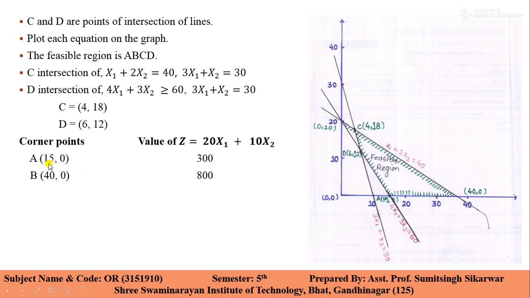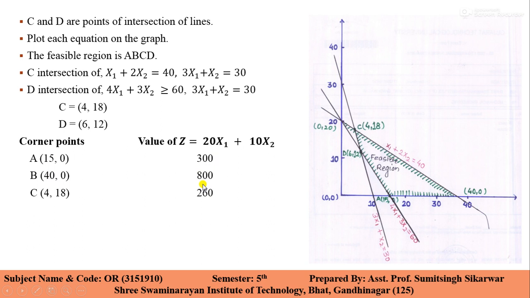So you have to put x1 equal to 15 and x2 equal to 0, and you will have the value of z equal to 300. Now you need to put the 40 and 0 values, so you will have z equal to 800.